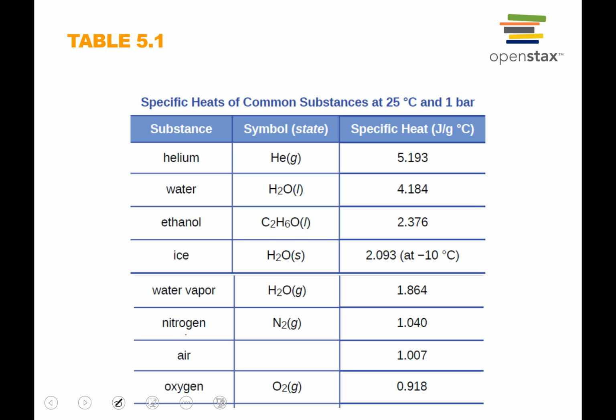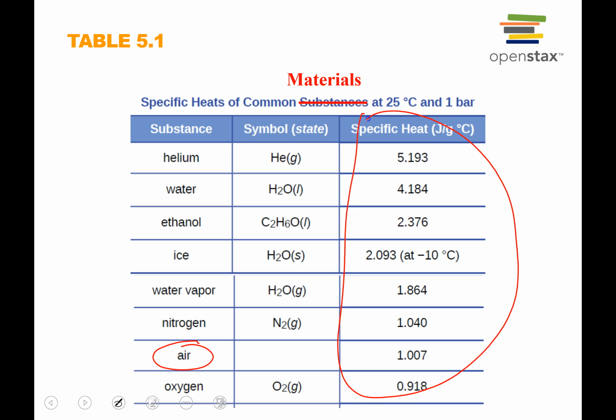So these are some constants of some substances, some materials. The reason they're not all substances is because I have air here. Sometimes I will say this specific heat is how stubborn.